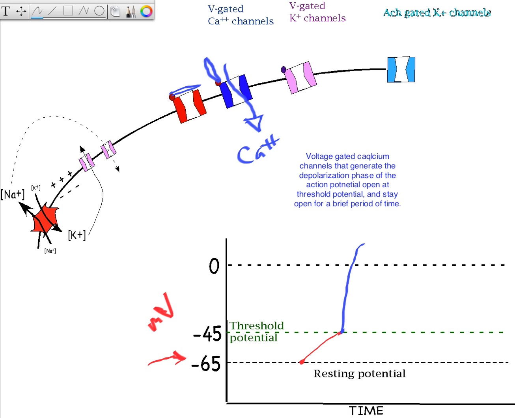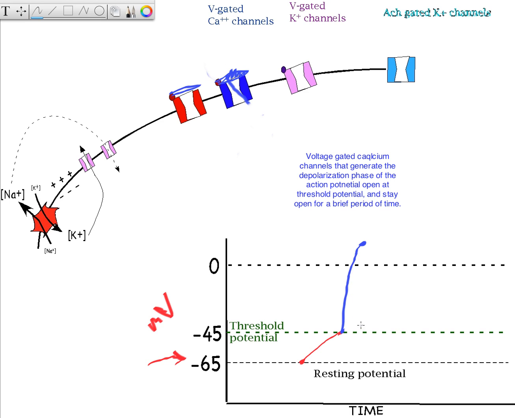So the calcium channels are open, and then through just plain old time, they close. They close up at the peak of the action potential. And that action potential is referred to as the depolarization phase, but I want to admit that once that channel's closed, that's a bad word for it.